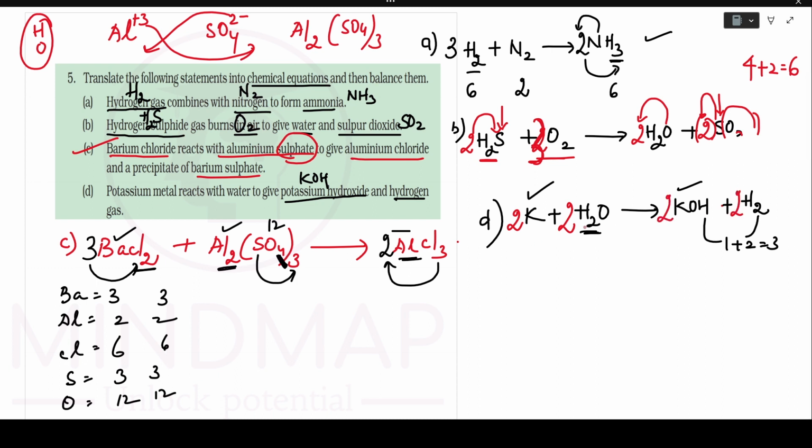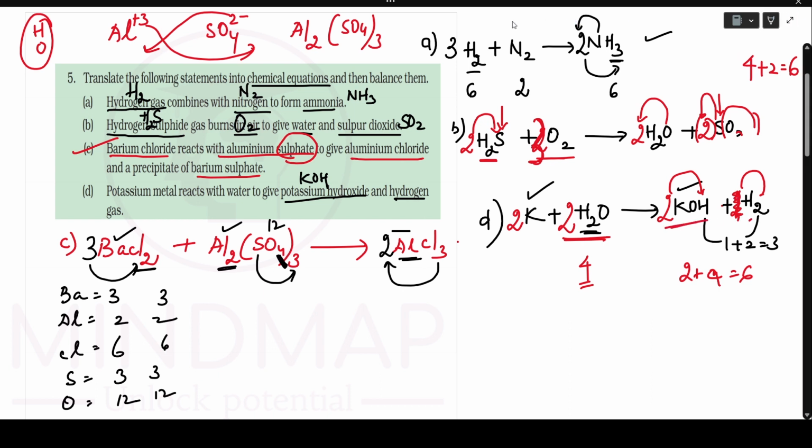Now check hydrogen again. So hydrogen here is 4, whereas here it became 2, plus here it became 2, 4. So 4 plus 2, 6, whereas we need 4 only. So rub this one. Now 2 plus 2, oxygen has become 4.